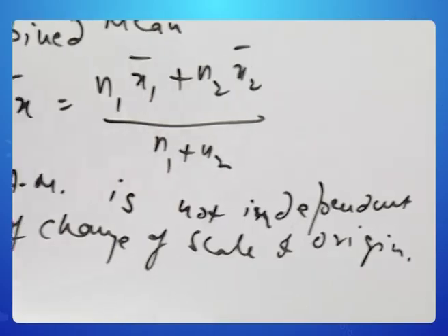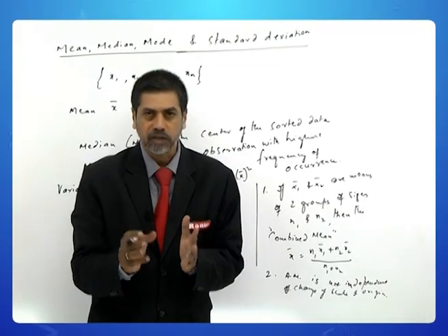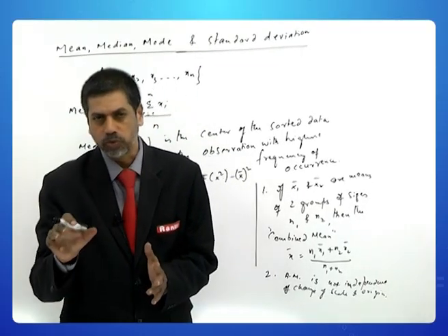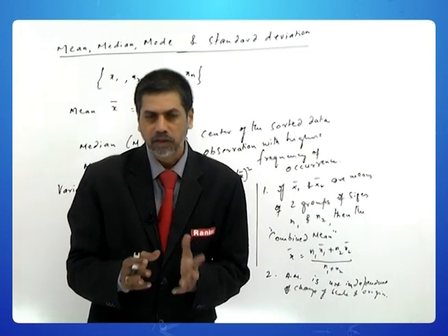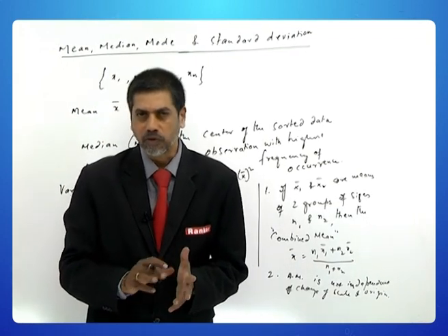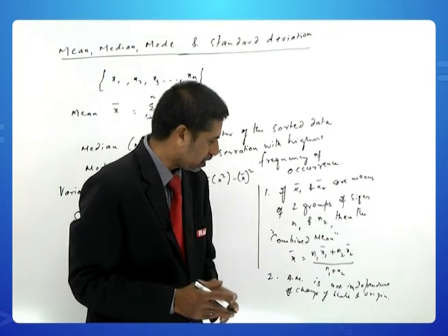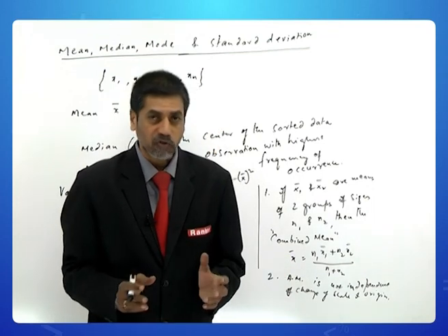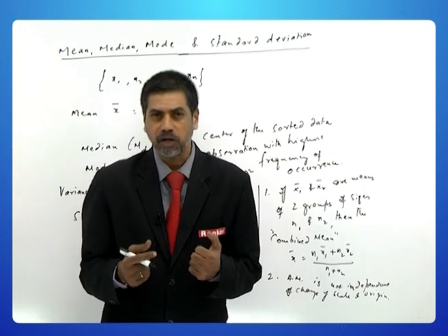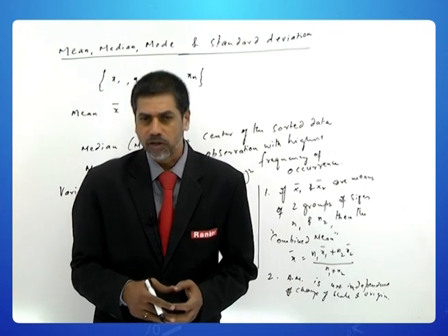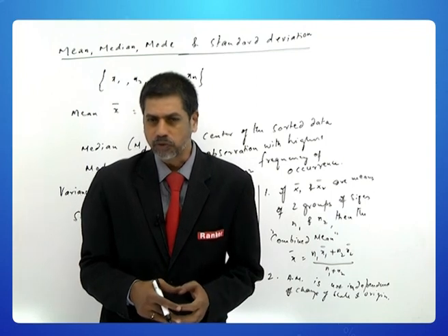That means if you shift the data, if you shift the center of the data to one location, then accordingly the formula also will have to be modified so that we can estimate the mean a little bit faster, particularly when the observations are too large. These are the small things to be noted.